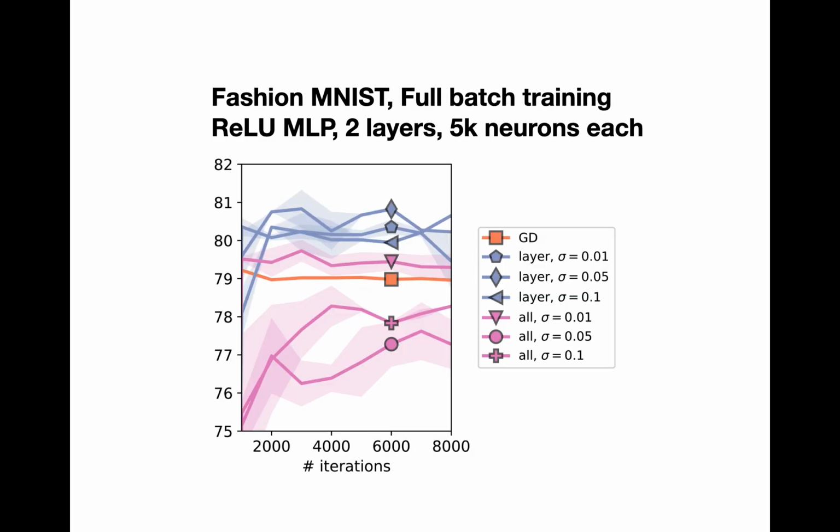Let's go on with some experiments on deeper networks. This is a Fashion MNIST network, full batch training, a ReLU MLP with 2 layers and 5,000 neurons in each layer. Again, you have gradient descent, which achieves 79%. And if you tune the value of sigma with layer-wise noise injection or injection of noise in all layers, and again, the sigmas are adapted such that you have the same regularization effect, you actually get much better performance with layer-wise noise injection.